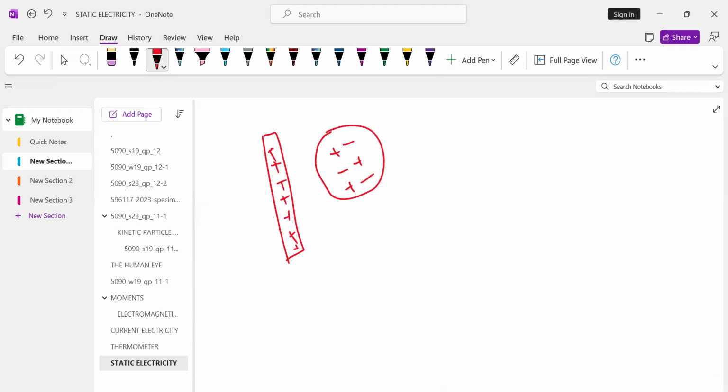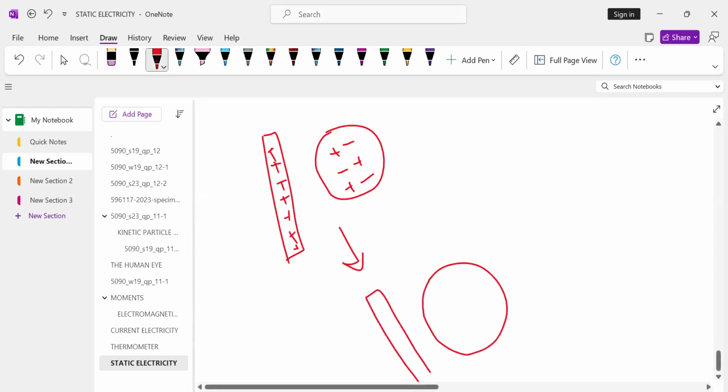Now when this charged rod is brought near the sphere, redistribution of the electrons occurs because of the presence of the charged rod.